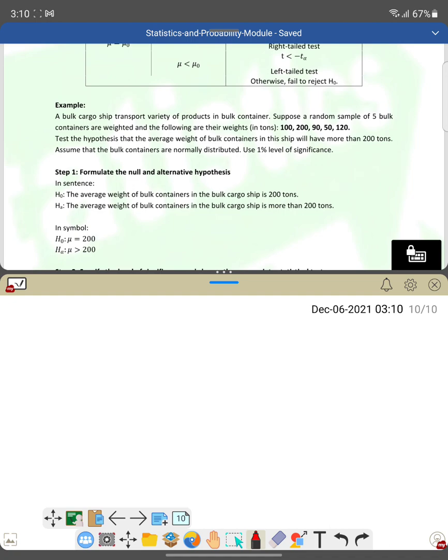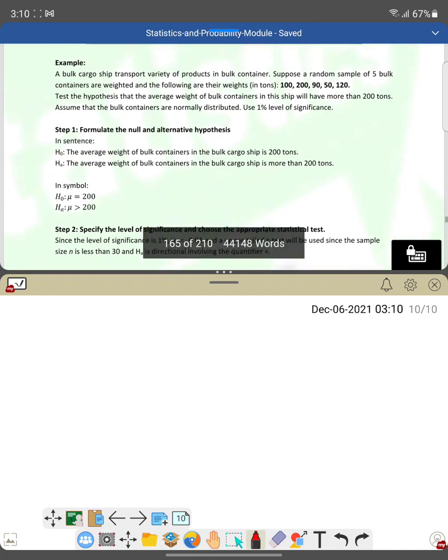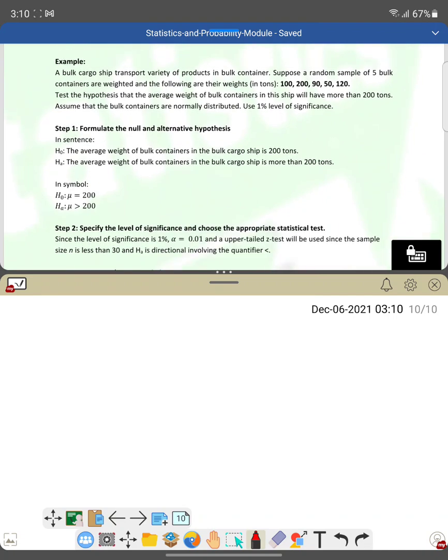Okay, so follow the steps. Step 1: the average weight of bulk containers is 200 tons, so that's your null hypothesis. We claim that it is always equal to, for the null hypothesis. For the alternative, the average weight of the bulk containers in the bulk cargo ship is more than 200 tons.